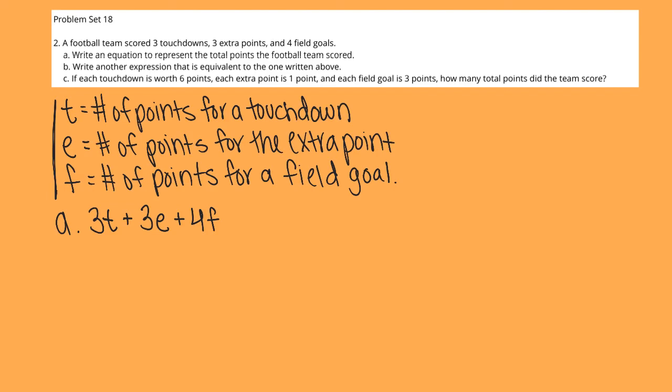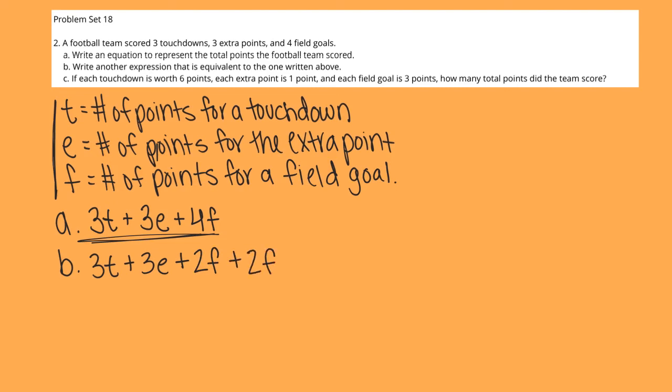Now for B. B kind of seems a little tricky, but in reality, it's just the way the question is worded, so don't be too freaked out about it. It says, write another expression that is equivalent to the one written above. So all it wants us to do is just write another expression here that equals the same thing. So an example for this would be 3T plus 3E plus 2F plus 2F.